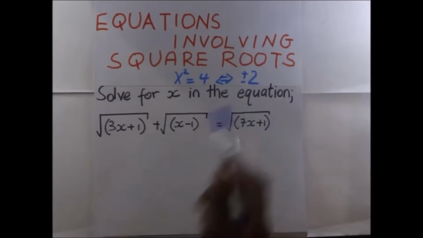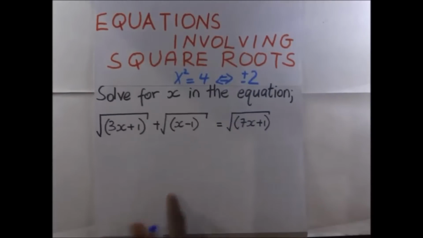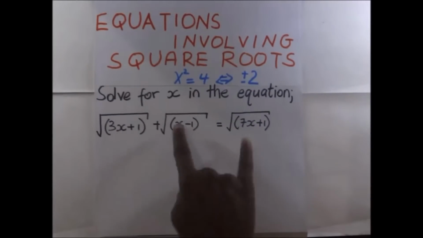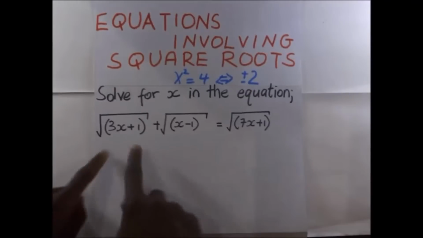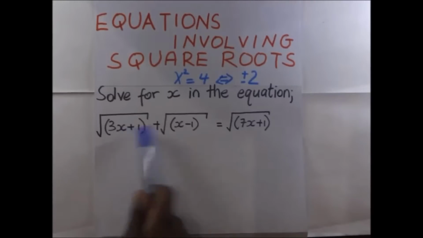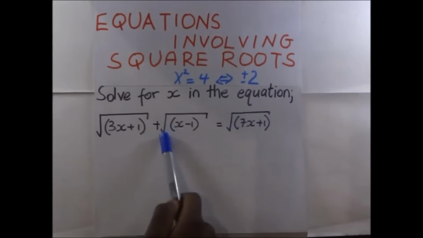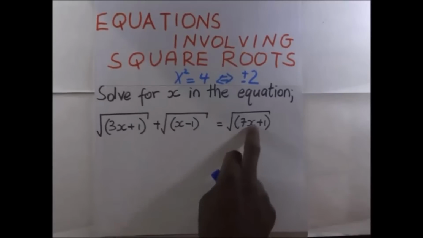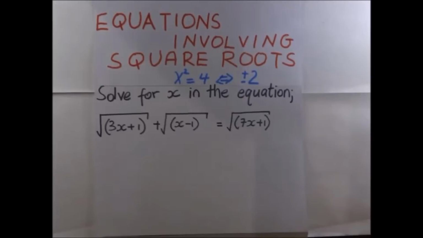Because since we have created some extra solutions, some of those solutions will not be consistent with this. So we are going to solve for the value of x. After getting the value of x, we are supposed to come back and fill them in here. If it is consistent, that when we fill it here it satisfies this equation, then it means that value of x is correct. If it does not, then it is not.